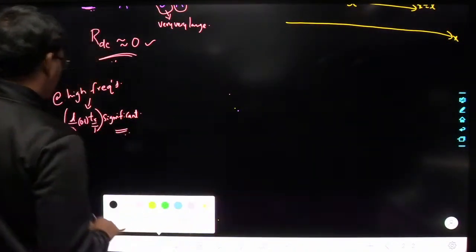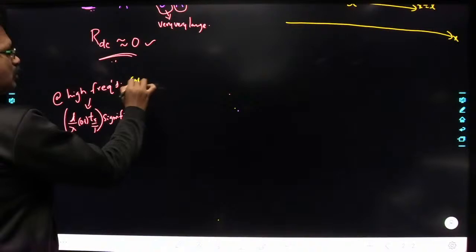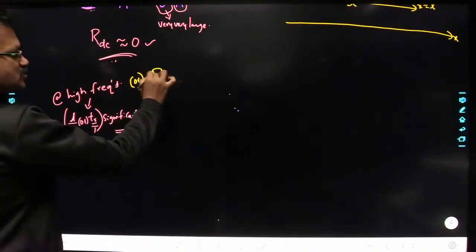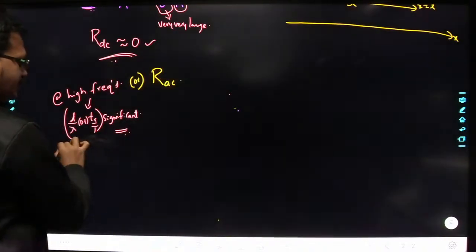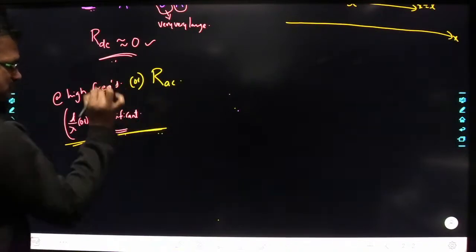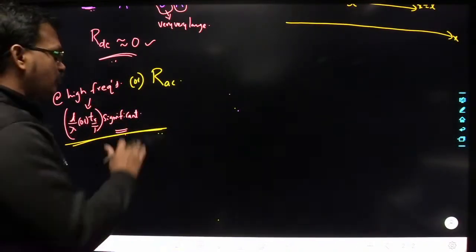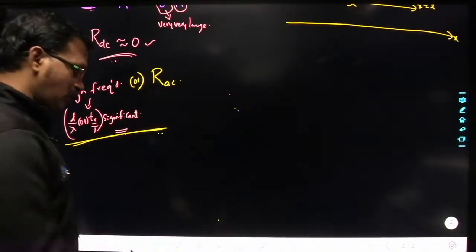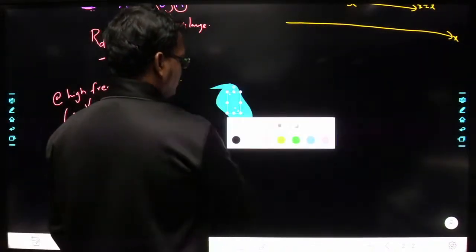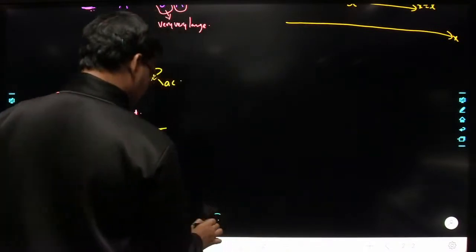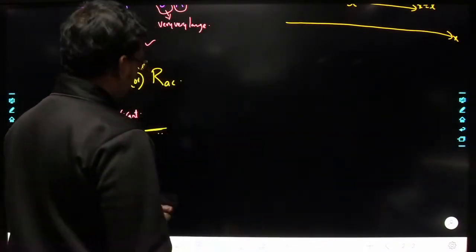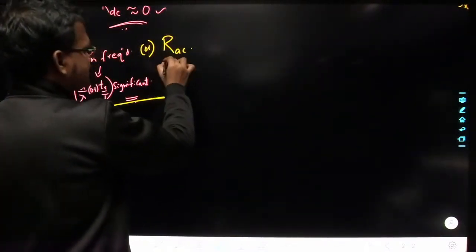At high frequencies, the resistance offered by the conductor we call R_AC. So in general, what is R_AC?